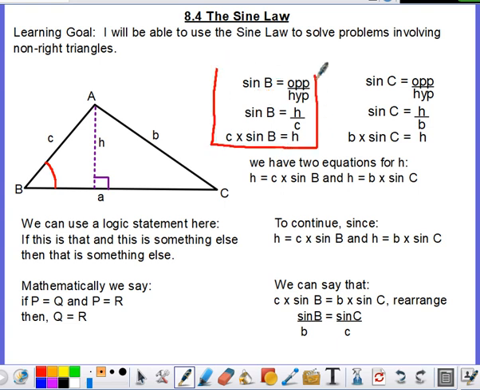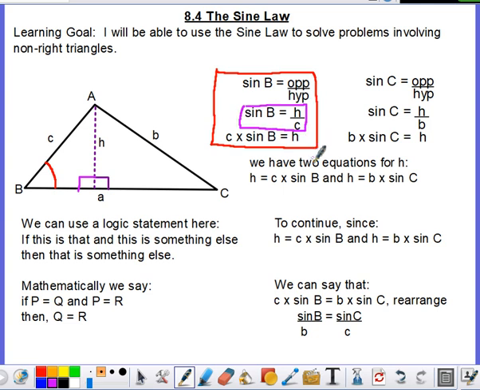So in this left right triangle, we have h as our opposite side and c as our hypotenuse, of course, because we do know that if that's 90, then this is also 90. So we have sine B equals h over c.